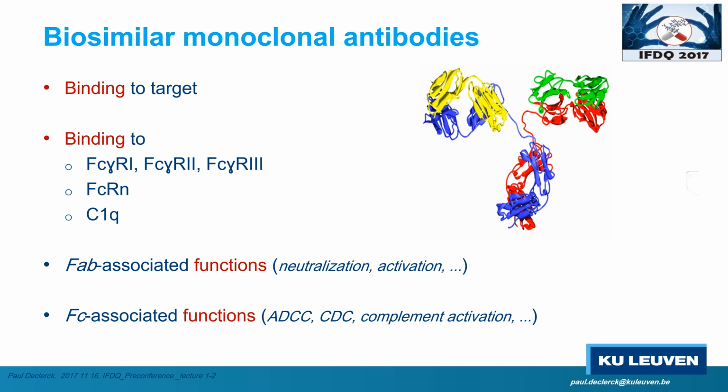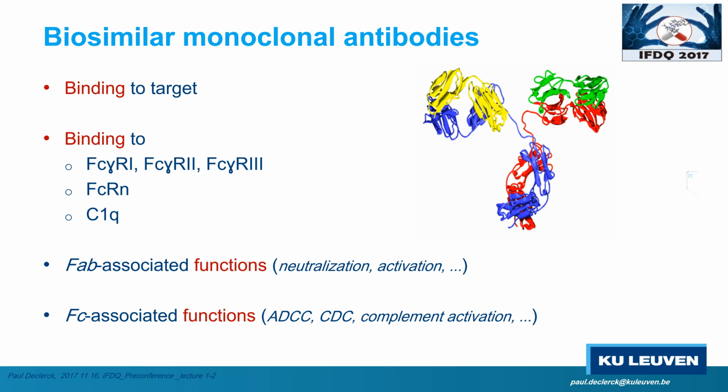And if we look at a monoclonal antibody, for instance, the guideline will tell the companies that they have to look, first of all, that the binding of the biosimilar antibody to the target has to be compared with the binding of the reference product to the target.